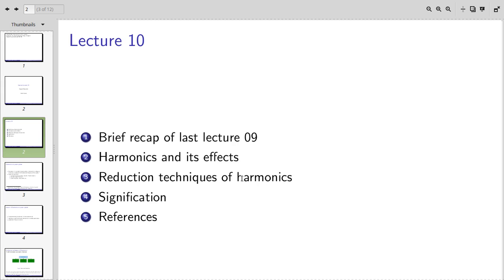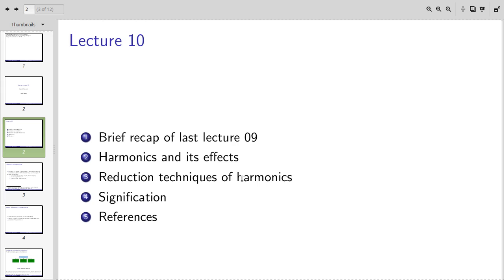In the last lecture we discussed the current source inverter and where it is used, and a comparative study between the current source inverter and the voltage source inverter. In the inverter, our goal is to produce a sinusoidal waveform, but actually we are not getting a pure sinusoidal.